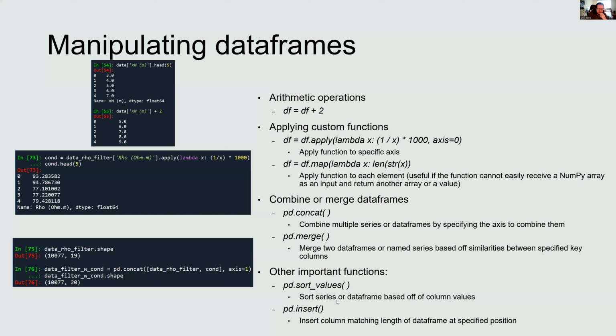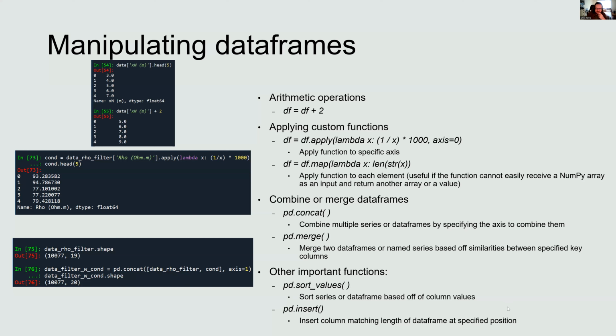And then you also have some other random stuff, such as sort values, which sorts the values in your column or in a series of a data frame based off of specific column values. You can insert columns matching the length of the data frame at some specific position.